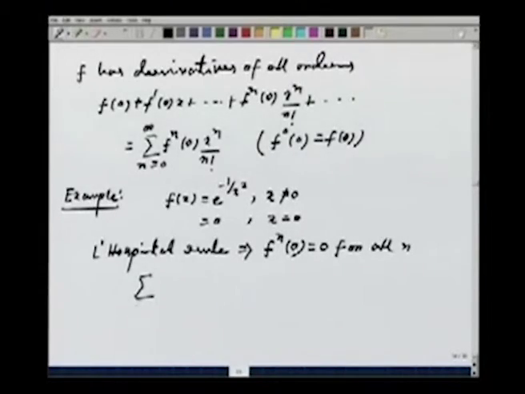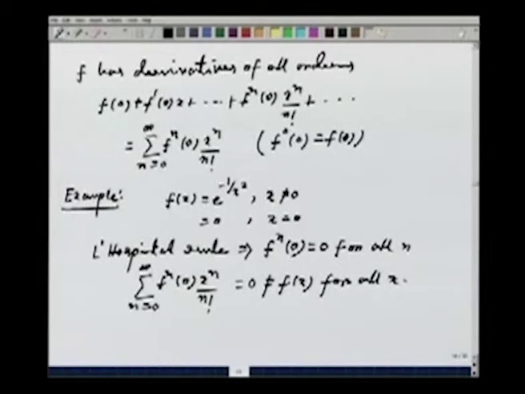So if you look at the Taylor series, that is summation n from 0 to infinity f^(n)(0) into x to the power n by factorial n, this is always equal to 0 because all the f^(n)(0) are 0. So it cannot be equal to f(x) for all x, because the function is non-zero.